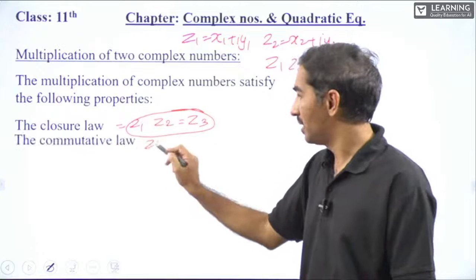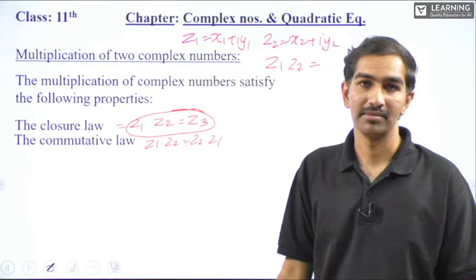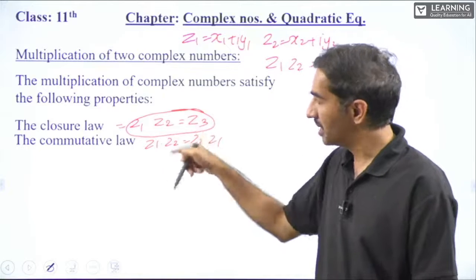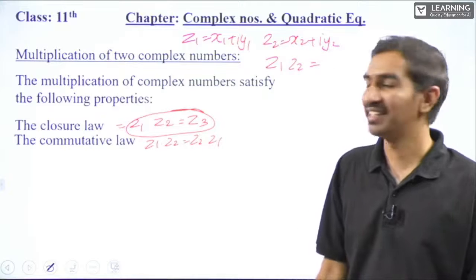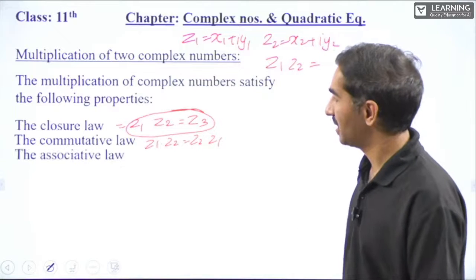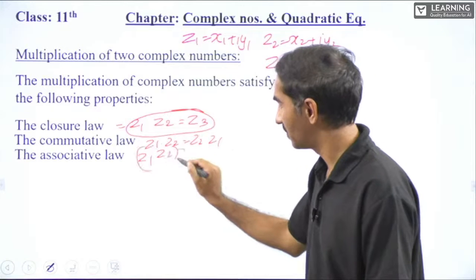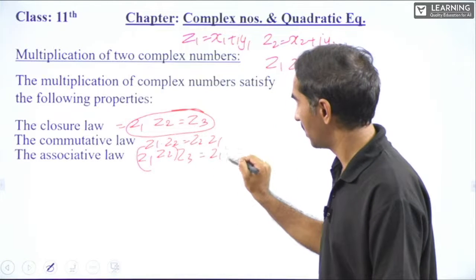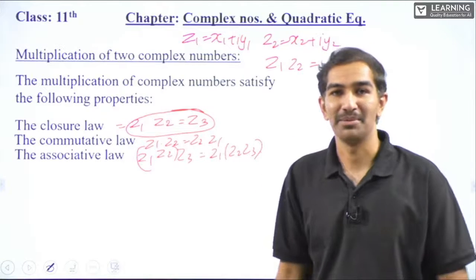Commutative law. z1 dot z2 will be equal to z2 dot z1. Same thing. There we were using plus sign. Here we are using dot, which is nothing but what? Multiplication. Correct. Moving on to the next one. Associative law. So associative law, z1 z2 of z3 is equal to z1 z2 z3. Associative law. Moving on to the next one.